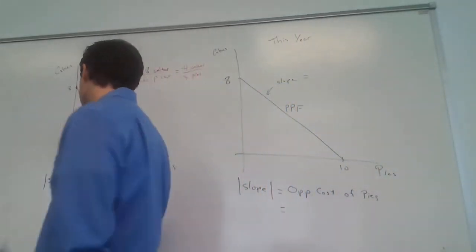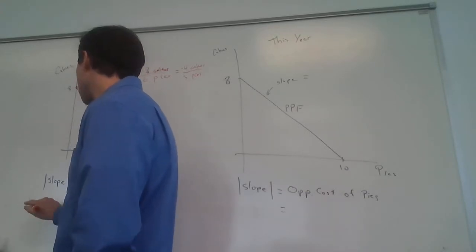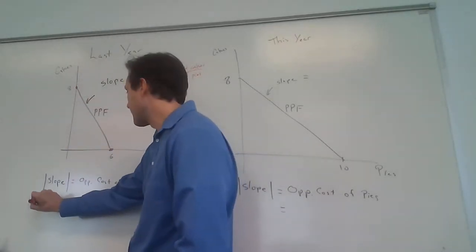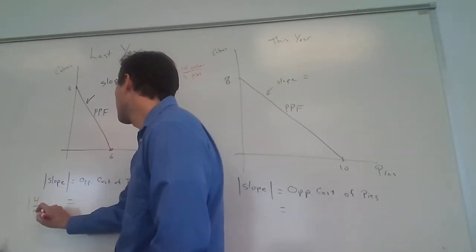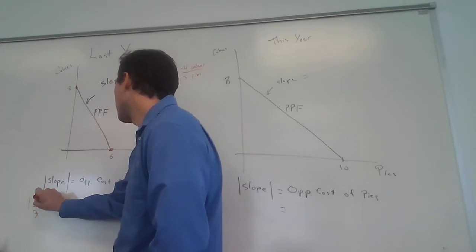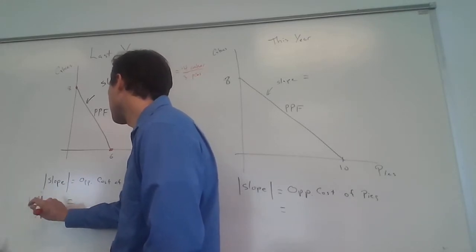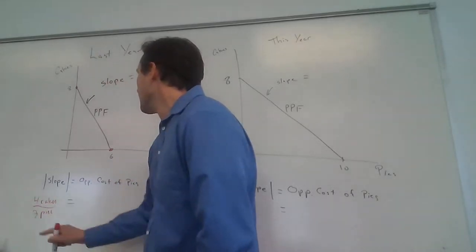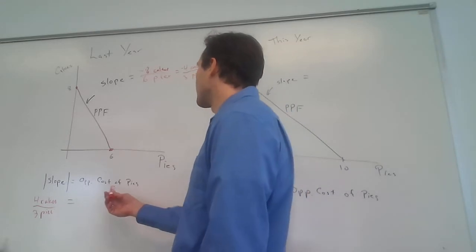So the absolute value of the slope is going to be, well, we're dropping the negative sign, so it's just going to be 4/3, and again, cakes divided by pies. So the absolute value of the slope is 4/3 cakes per pie, and that's the opportunity cost of pies.